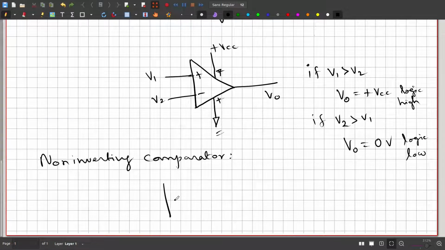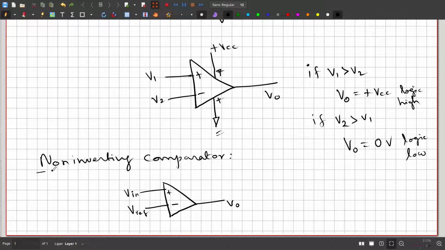Instead of V1 and V2, we can have a reference voltage at the inverting terminal, therefore this is called V reference. We are going to compare this input voltage with reference to this voltage. So this is in a non-inverting configuration, non-inverting in the sense that the reference is given to the inverting terminal, therefore the input is given to the non-inverting terminal.